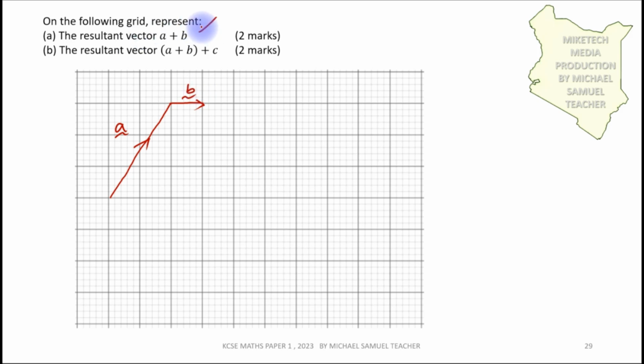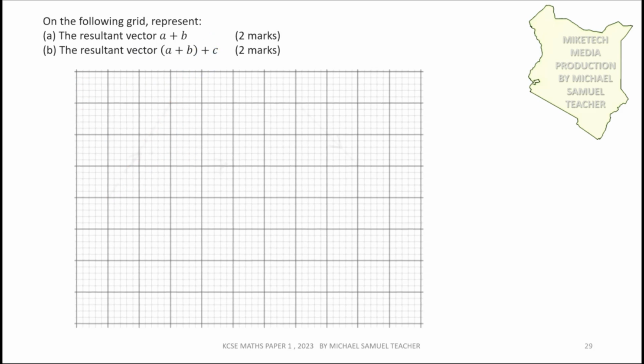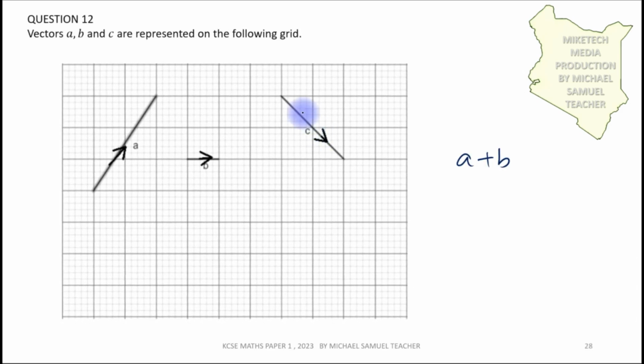So to get A plus B, we can move directly from this point to the end of B. So this is the vector, that is vector A plus vector B. So that is part A. Then for part B, we now need the resultant vector A plus B in bracket plus C. From what we have been given, we can see vector C moves from the top left to the bottom right.